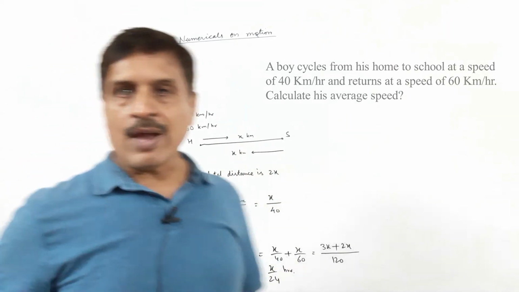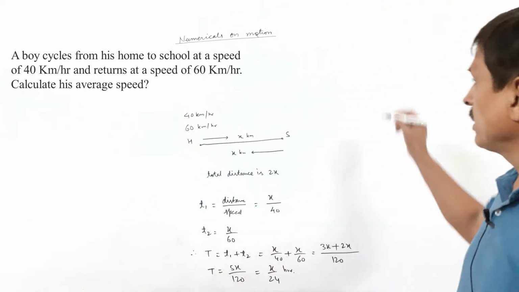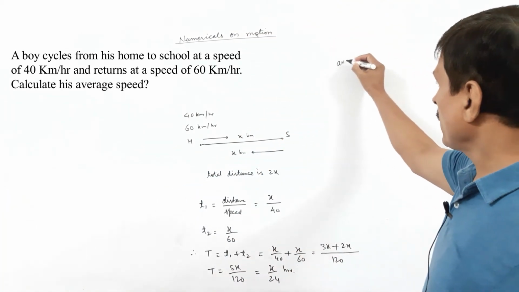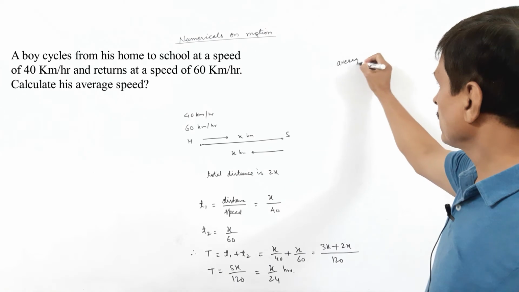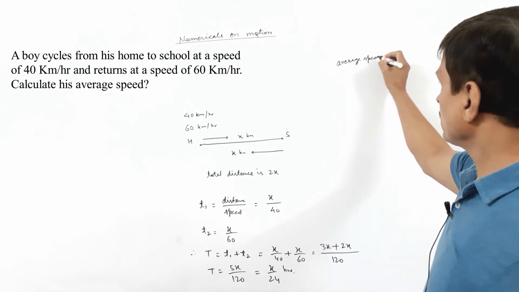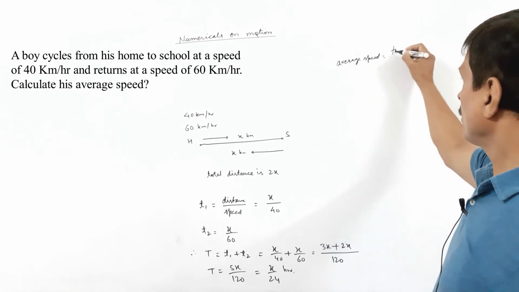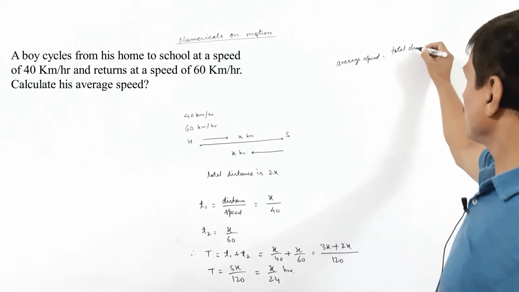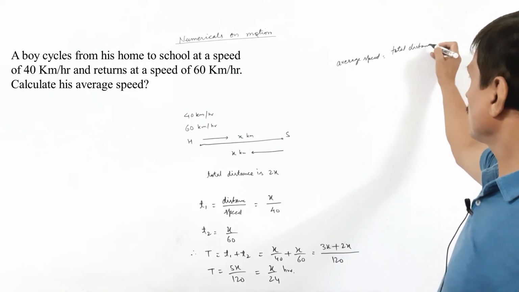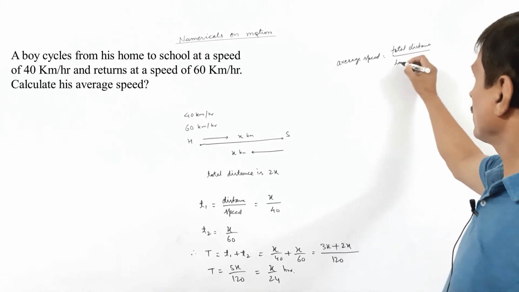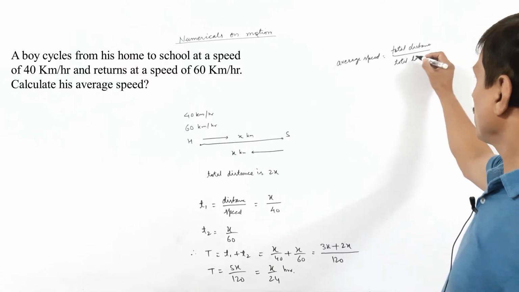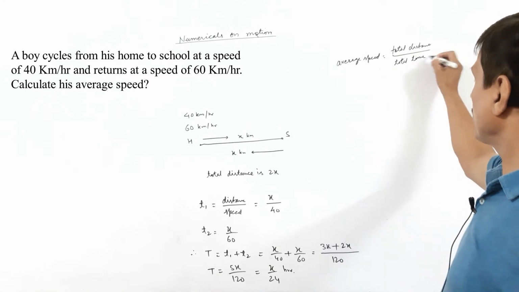Now average speed is equal to total distance upon total time taken.